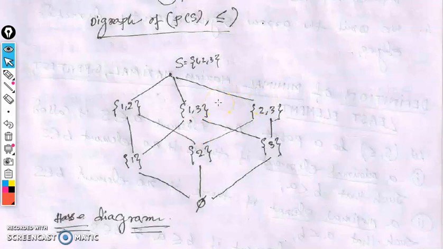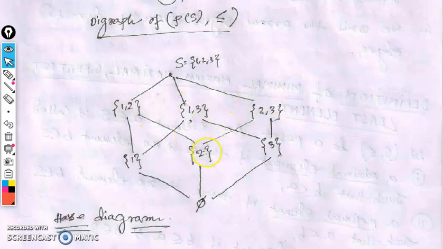Here we can observe that phi is the least level element, which is a subset of 1, 2 and 3. That is, 1, 2, 3 covers phi. 1 is covered by 1, 3 and 1, 2, but should not be covered by 1, 2, 3, so we should not make a line from 1 to the set 1, 2, 3. And 2 is covered by 1, 2 and 2, 3.